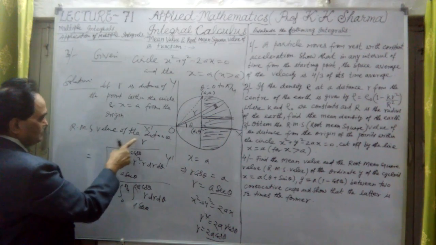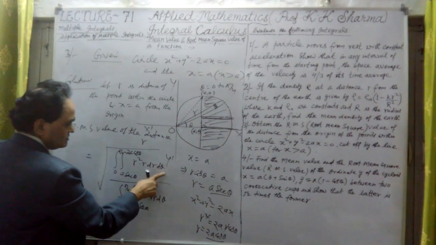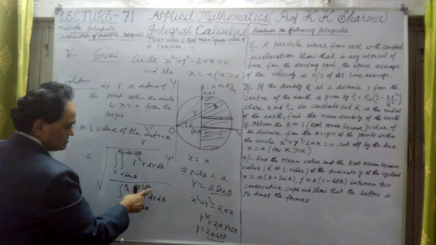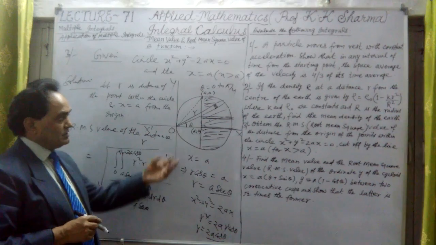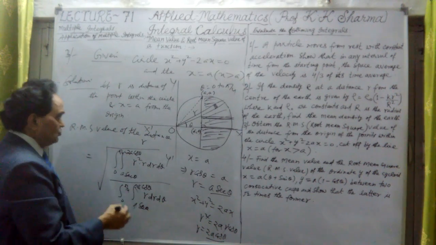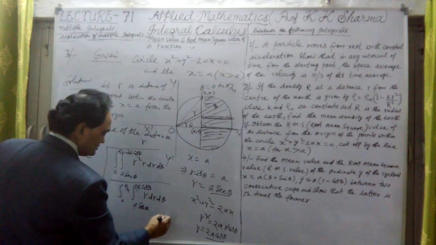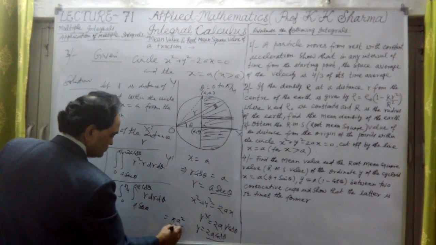The root mean square value is equal to square root of integral of r square r dr d theta divided by the area of the quadrant of the circle. So area of the quadrant of the circle means this whole value that I'll calculate, that this is nothing but pi a square upon 4.